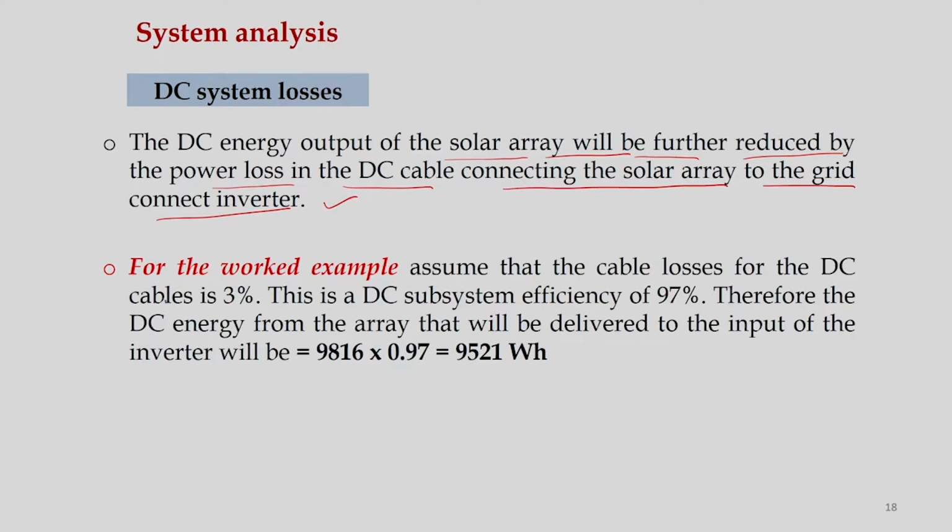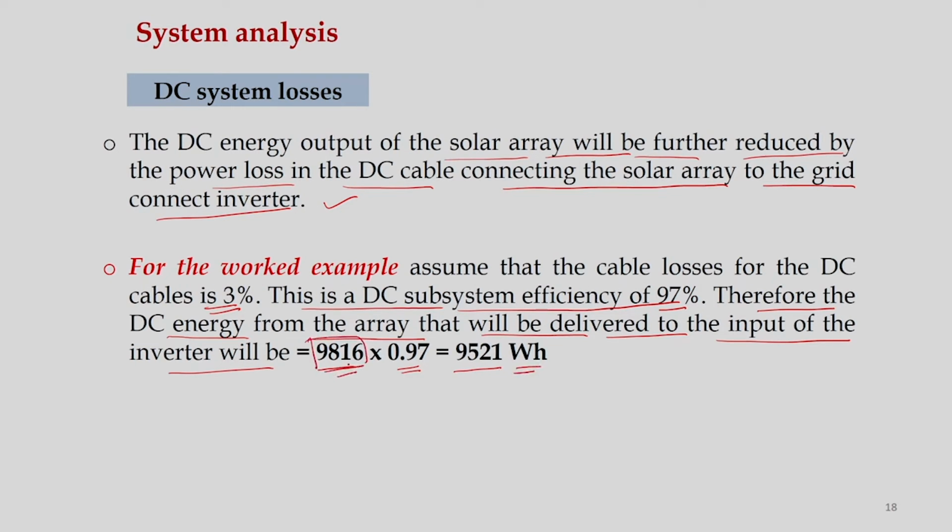If we continue with the same problem and add a loss of about 3% for this DC cable, then DC subsystem efficiency will be 97%. Therefore, the DC energy from the array delivered to the input of the inverter will be 9816 into 0.97, which is 9521 watt hour, because we have already calculated this one.